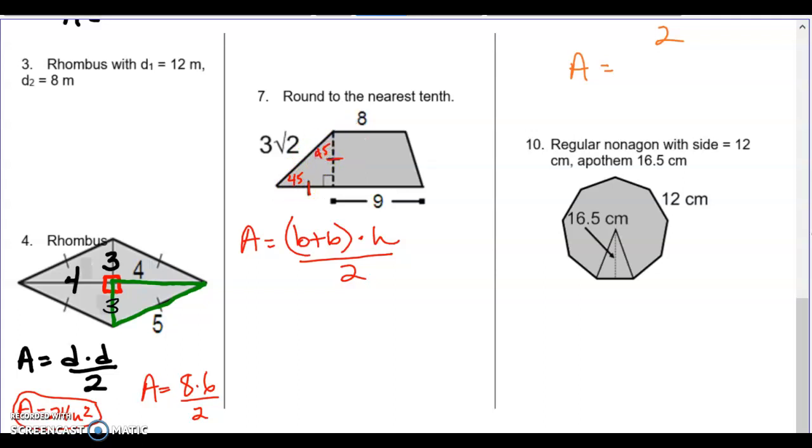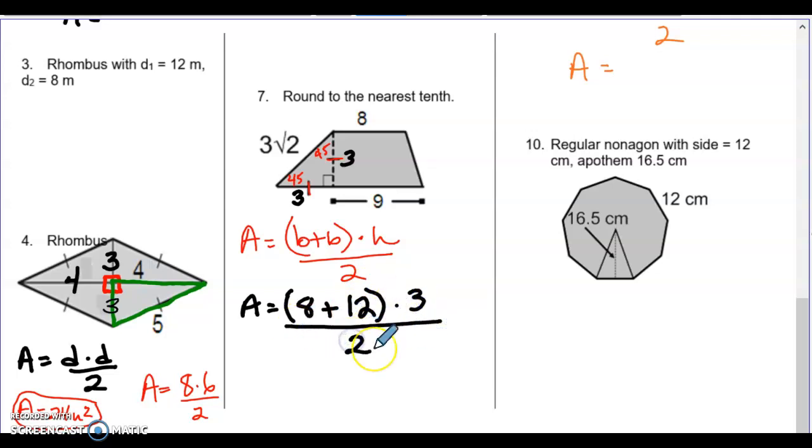And so if I know that that hypotenuse is 3 square root 2, then I would know my legs are 3s. So then I know my base then. The one base is 8, obviously, that's there. The other base then would be 12. That 3 and that 9 are going to make 12. The height is 3. Right?